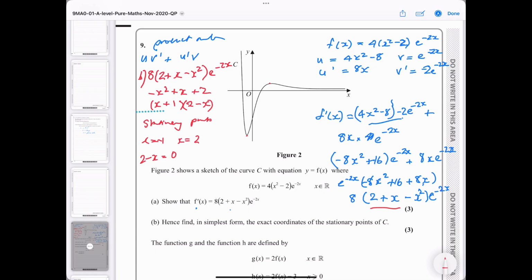Now, in order to get this right, we're going to have to put those points back into this one there, so this one.